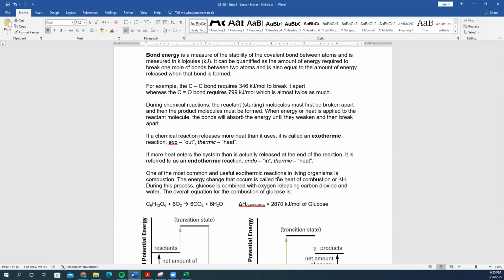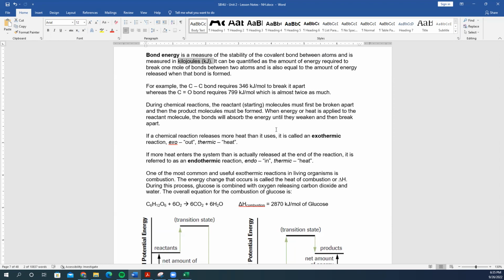So bond energy is really a measure of the stability of the covalent bonds that are holding the atoms together. And the unit that we measure it by is kilojoules. And it can be quantified. You can actually put a number to it.